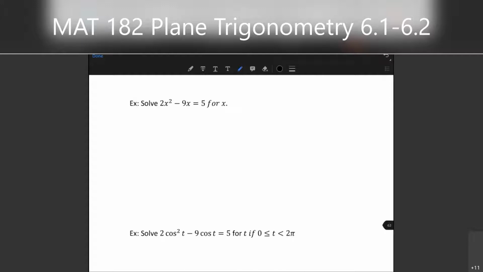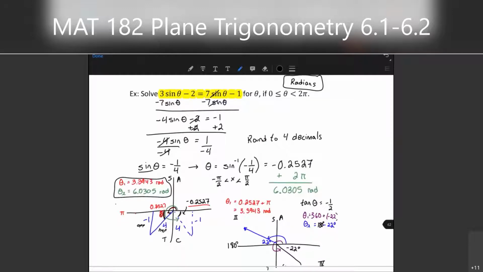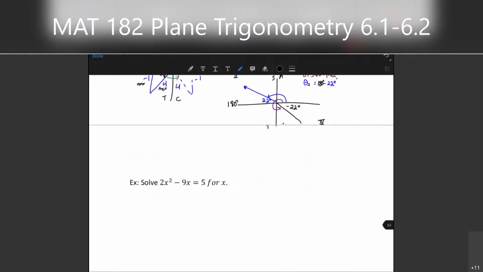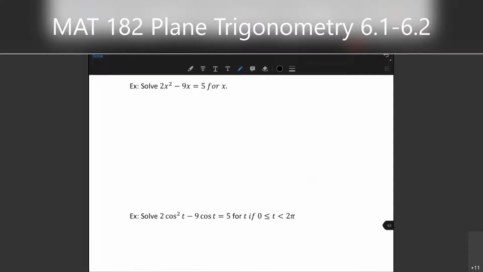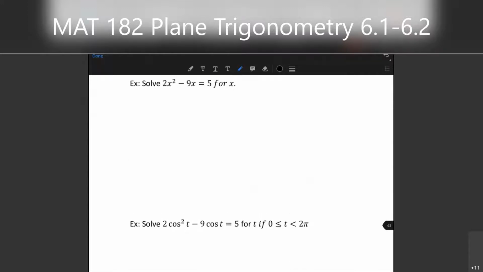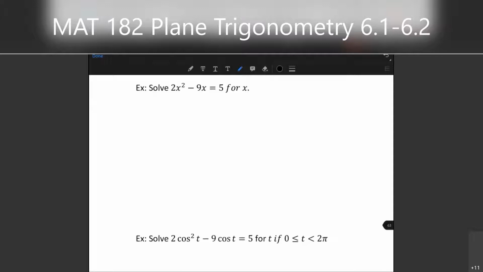All right. So, other questions before we jump into the next tier of equations? Okay, so the next one we're going to do involves a quadratic of trig functions. To start us off, I'm going to go back to a little bit of algebra in terms of how we factor polynomials.